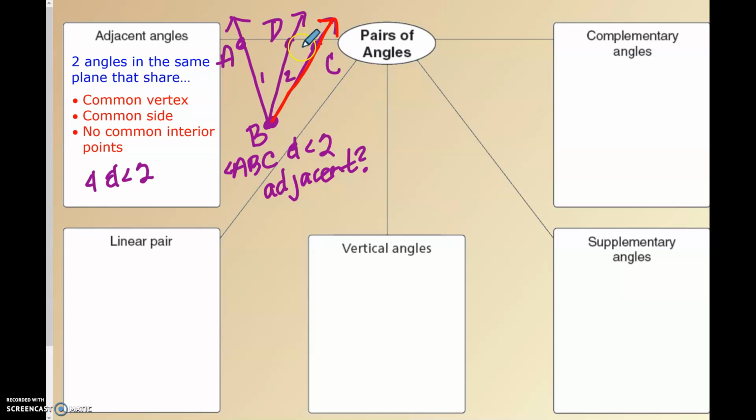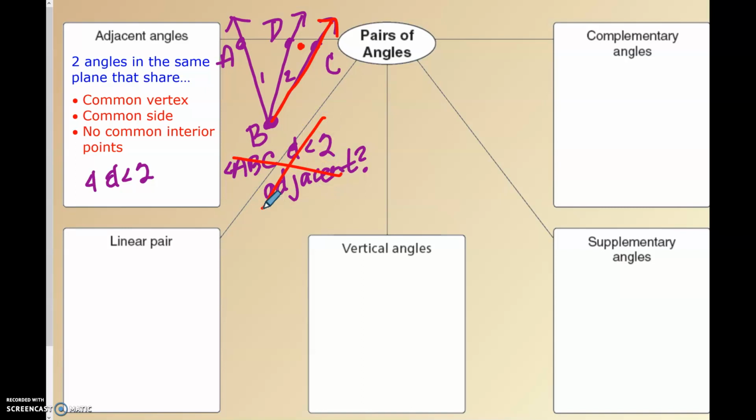But how about this point right here? Is that point in the interior of angle 2? Is it in the interior of angle ABC? And the answer to that question is yes to both of those. And so that's why these are not considered adjacent, because it says no common interior points, and these share a common interior point. So not adjacent.